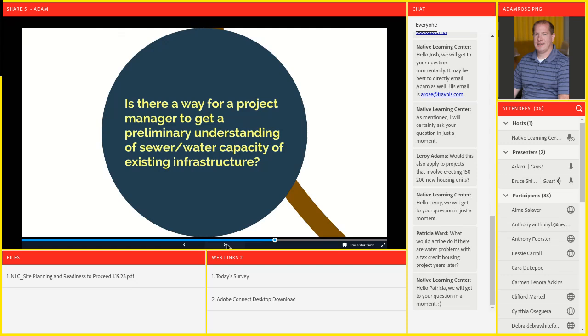They'll look at whatever documentation the city or county has for the sewer and water infrastructure in that vicinity and say, you've got this large of a sewer line and this large of a water line. Most cities will have that kind of information on capacity or water pressure at a certain point, and then they can do those calculations.